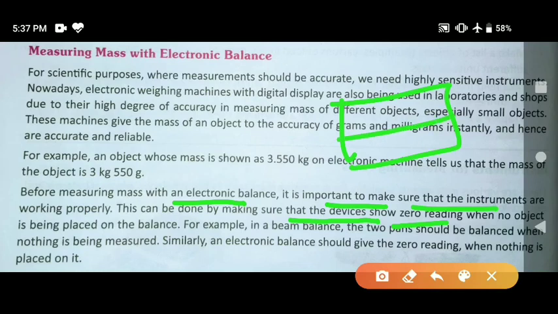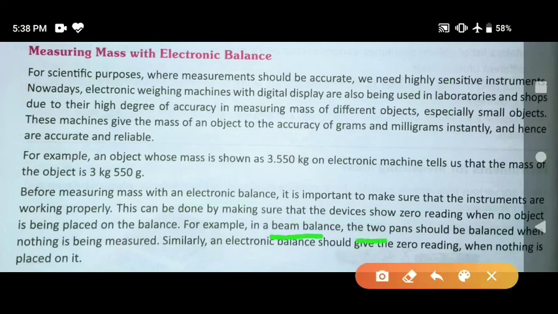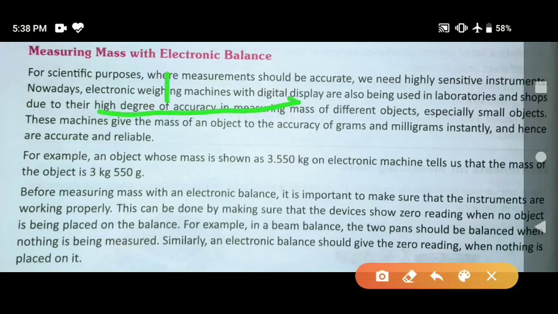It should be 00 when there is no object kept on it, which will be helpful in your daily life. For example, with a beam balance, the two pans should be balanced when nothing is being measured. Similarly, an electronic balance should show zero reading when nothing is placed on it. As with a beam balance, if nothing is kept on it, the pointer is exactly vertical.